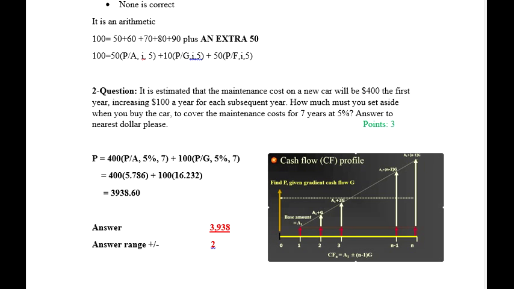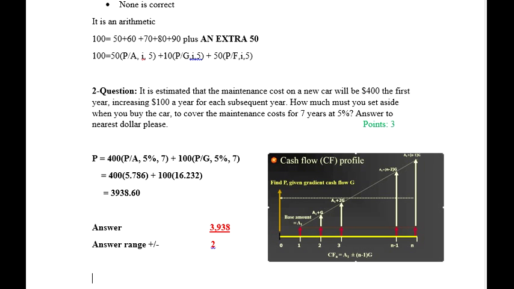If you observe this graph, it's quite linear. On the x-axis you have the period, that is n, and the A represents the annual value that you are paying per annum, and it keeps on increasing, as shown by the arrow. That is your gradient value, how much amount you are adding to your annual amount.